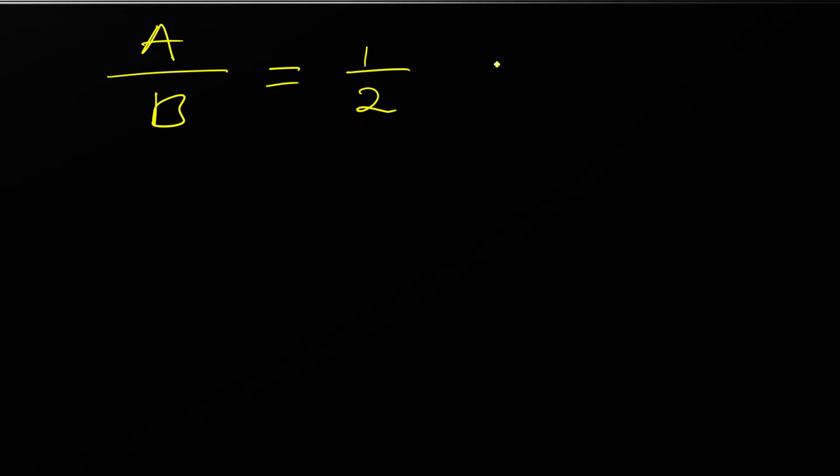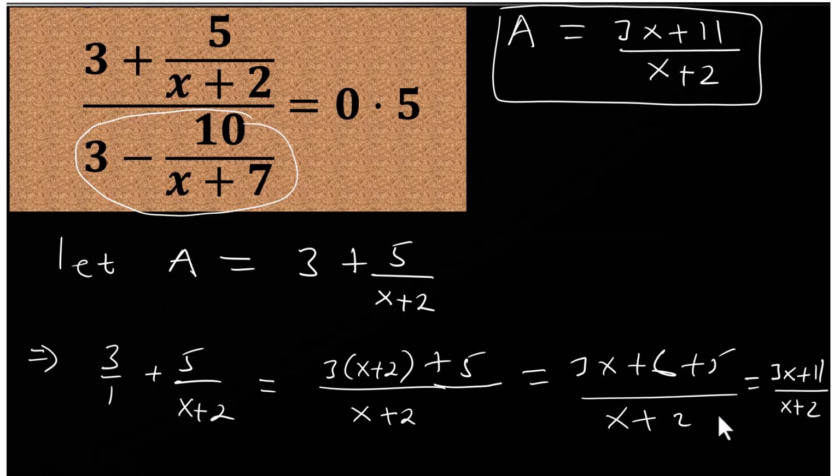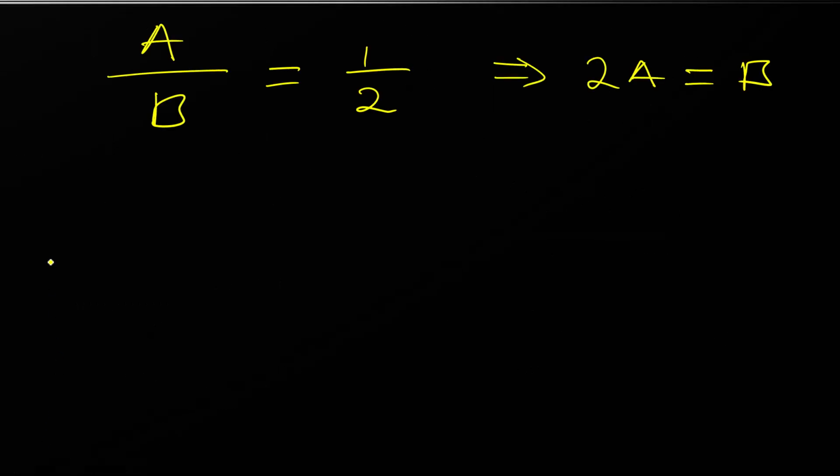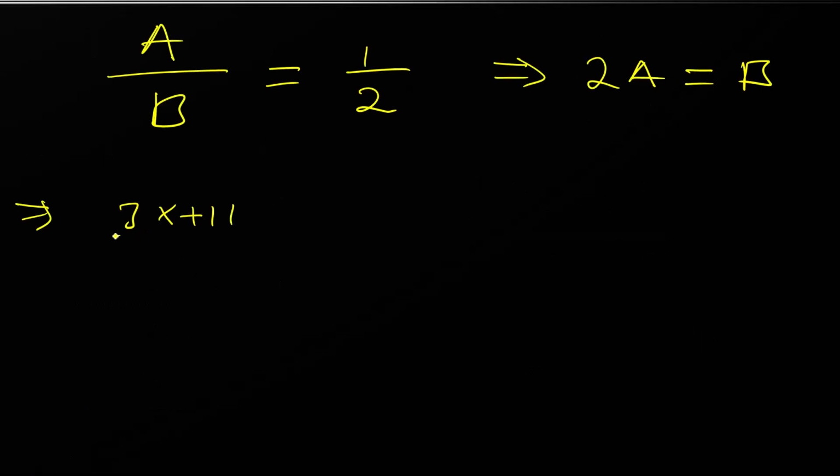So we can say that twice of A is the same as B. So 2 times A gives us B. But what is A? We have A as (3x + 11)/(x + 2).